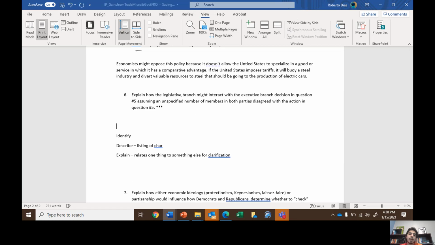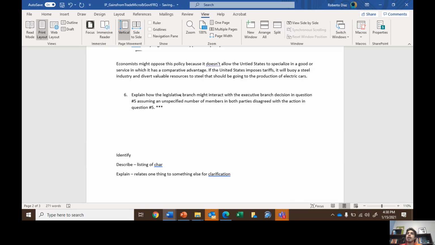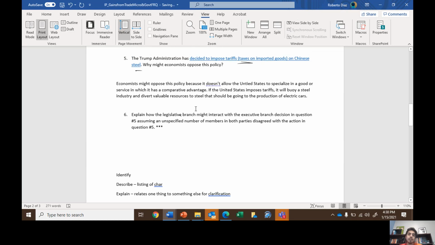So "explain how" is something that you can expect to see on a concept application question in your AP government test. Explain how the legislative branch might interact with the executive branch decision in question number 5, assuming an unspecified number of members in both parties disagree with the action in question number 5. Right? So the legislative branch could do many things.